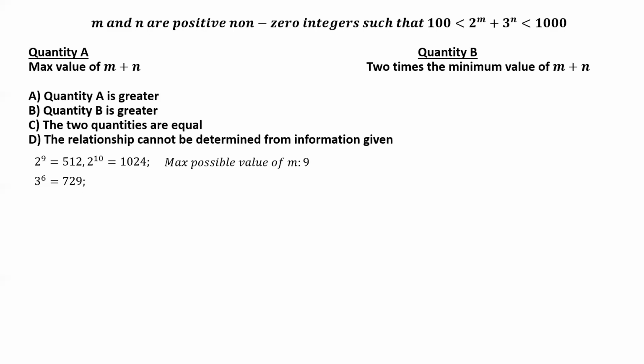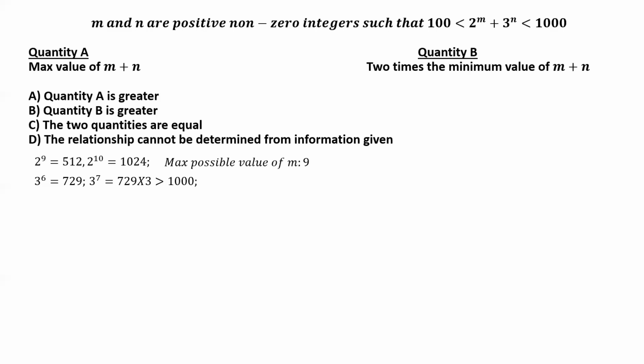So it will be 81 multiplied by 9, and that comes to 729. And then 3 to the power 7 will be simply 729 multiplied by 3. I don't need to calculate the result, but it's pretty evident that this will be greater than 1000.